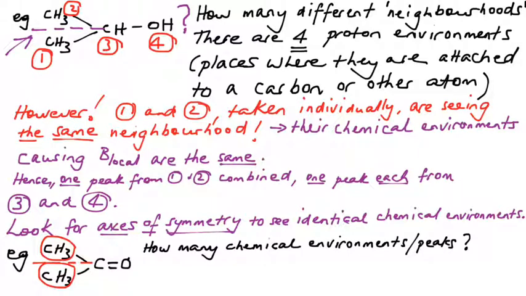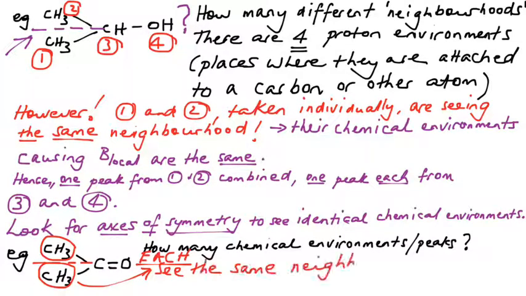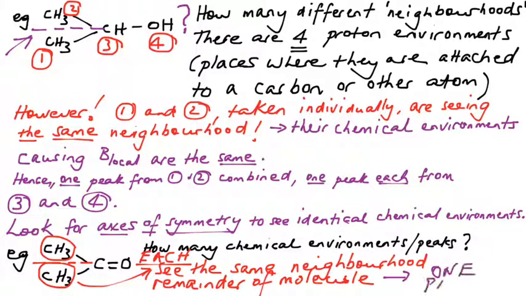If you take each individually, say you were taking that top left methyl group, if you put your thumb over that and then look and see what the rest of the molecule is, and then you put your thumb over the bottom methyl group and see what the rest of the molecule is, you're looking at the same geography in terms of the rest of the molecule, aren't you? So that's what I'm trying to say. They each see the same neighbourhood remainder of the molecule, and therefore there's only one absorption peak for that molecule, okay?